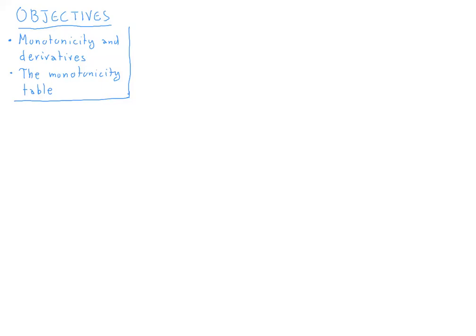We're going to study now the notion of monotonicity. What does that mean? Well, suppose that you have a function that goes up, meaning if a is less than b, then f of a is less than or equal to f of b.